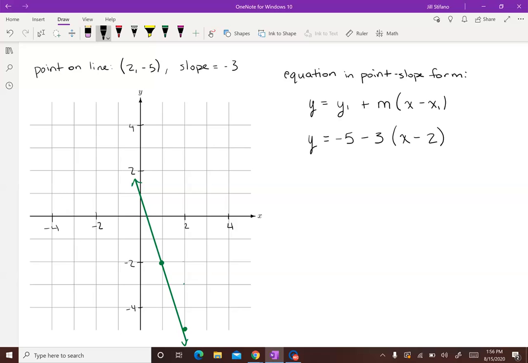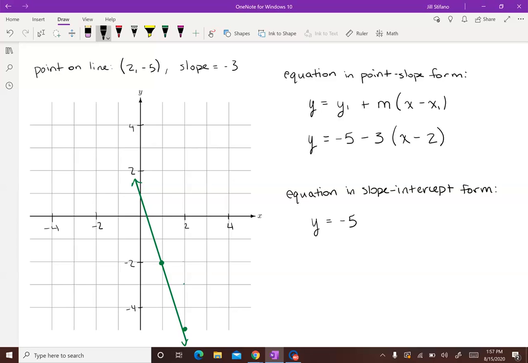Now, you could be asked for the equation in slope-intercept form. To find this, we're going to distribute our slope over the parentheses.